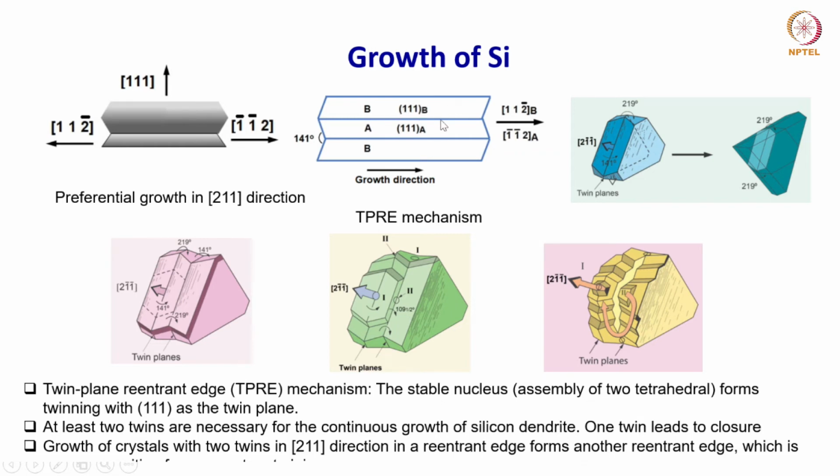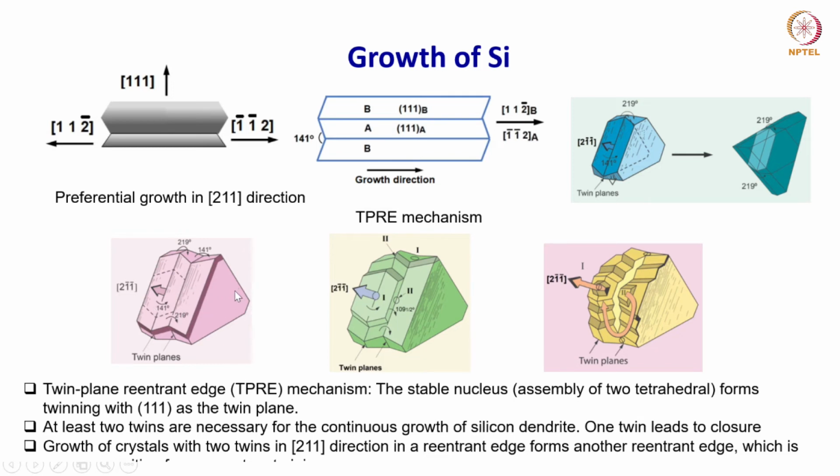Why there is a need for two twins for the silicon to grow, you can understand from this image over here. When you have two twins coming together, it will take up a structure like this. If you see this in terms of the 3D structure, it will look like this.